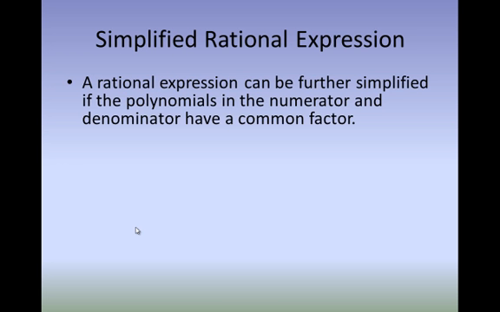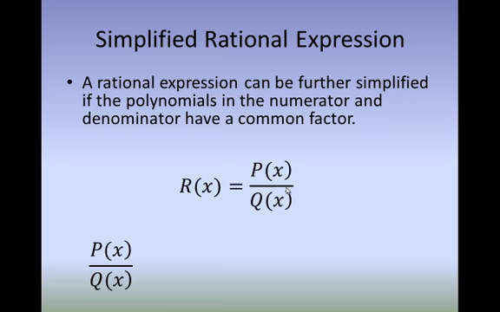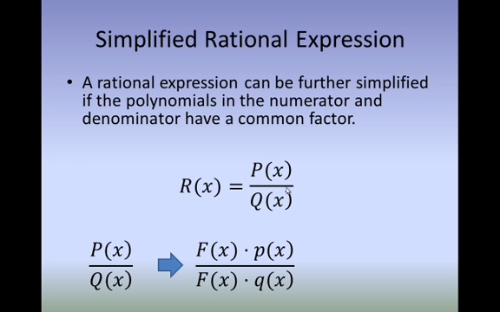A rational expression can be further simplified if the polynomials in the numerator and denominator have a common factor. For example, if we have R of x equal to P of x over Q of x, which is a ratio of polynomials, P of x over Q of x can be factored as f times small p over f times small q.